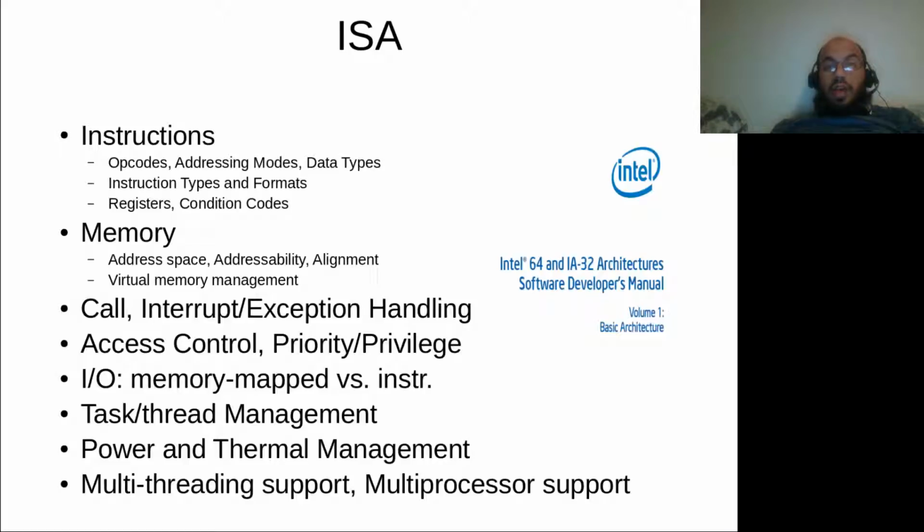I/O: how do you handle I/O? Thread management, because threading has two levels. One of them is your application, but the other part of threading is the management of the threads on the actual processor cores. Power and thermal management, which again touches upon operating systems. We're not going to cover that in the core course. It's support for multi-threading, support for virtualization, and these things.